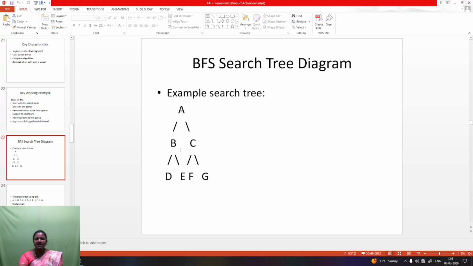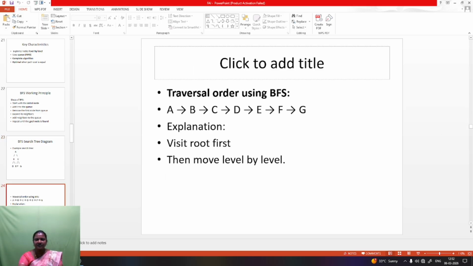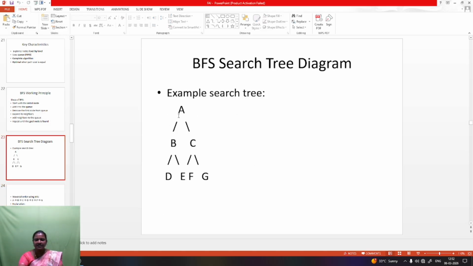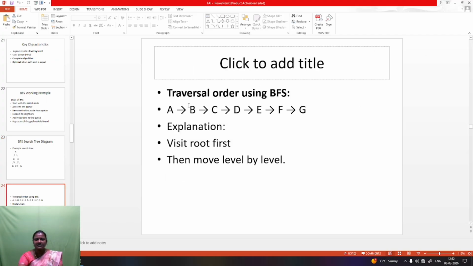Here B and C are children of node A. D and E are children of B, and F and G are children of C. Here we have to start the search from the starting node, that is A. First we have to visit A. Then after visiting A, we put A in the queue, and then the children of A should be visited. That is, now we have to visit B and C. So the next nodes B and C are visited.